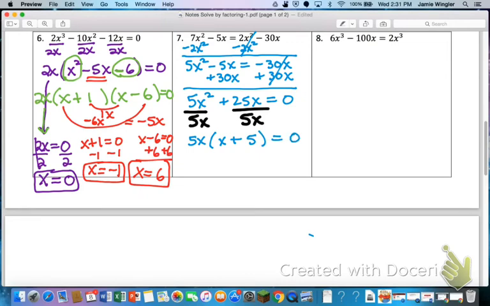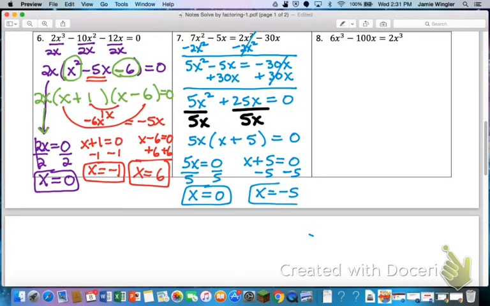A quadratic means there's an x squared. This is already factored, so I'm going to take each factor and set it equal to 0 and go ahead and solve and find my answers. If I divide both sides by 5 here, I get x equals 0. And if I subtract 5 here, I get x equals negative 5.